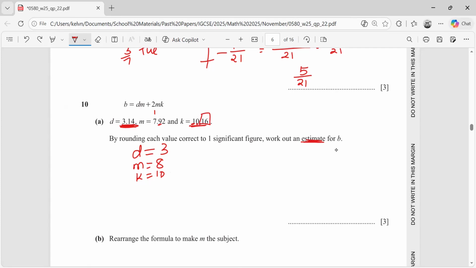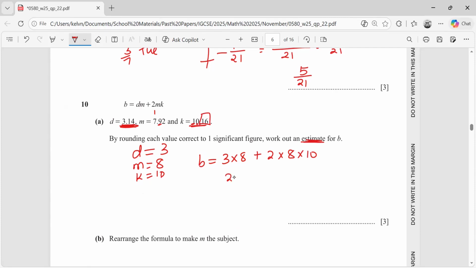Okay. So after this, we're told to find B. So B is going to be equal to D, which is 3, times M. M is 8. Basically substitution here now. Plus 2 times M. M we know is 8. And K is 10.